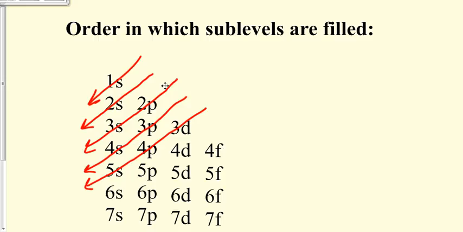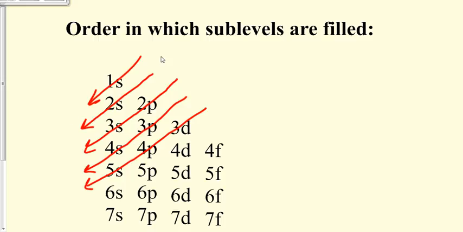Now if you go up top and you draw diagonal lines, the sequence in which your pen passes through the sublevels as you draw these parallel diagonals is the order in which you fill your sublevels. So first, my cursor is going to pass through 1s, and I come back around. It comes down through 2s.